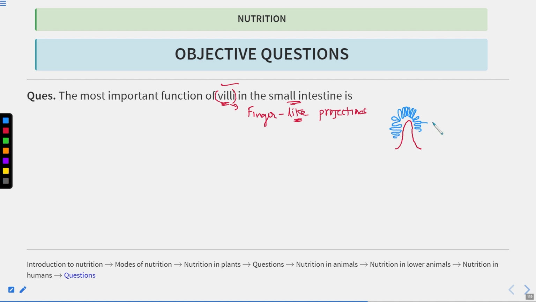So these are villi that are present in the small intestine, and this is the lumen of the intestine. The villi help to increase the surface area for absorption.